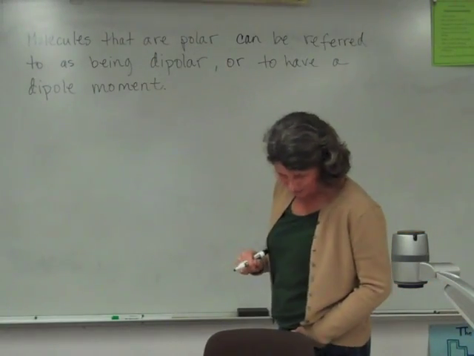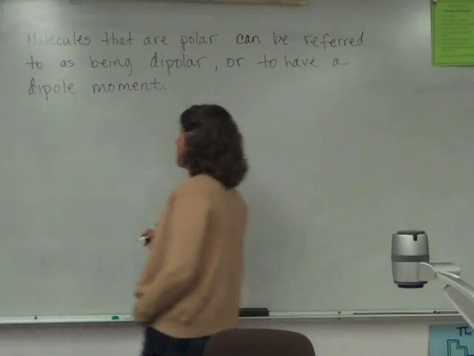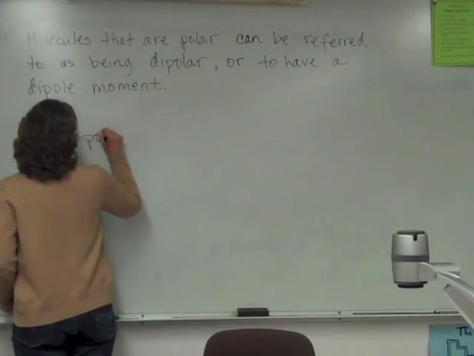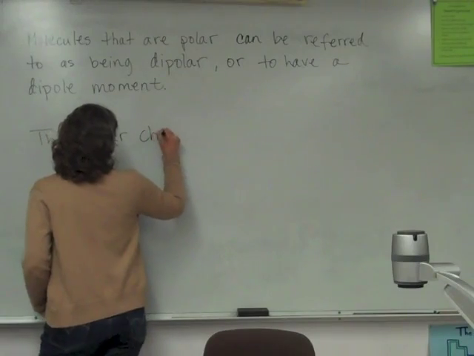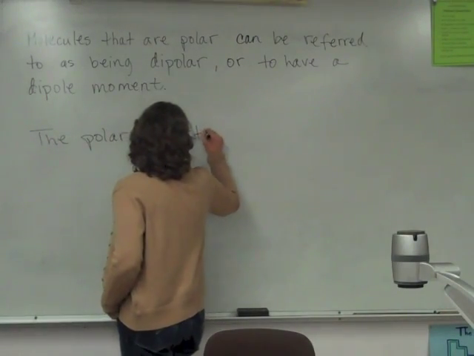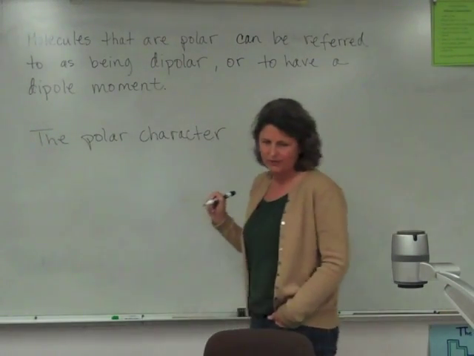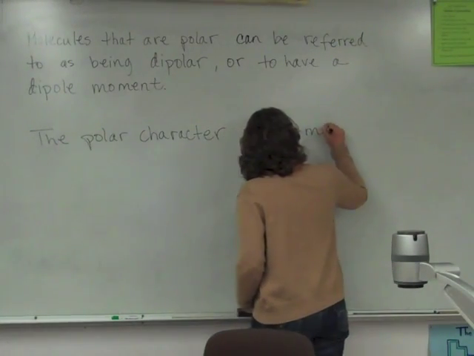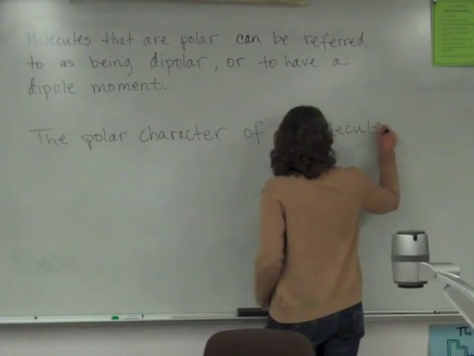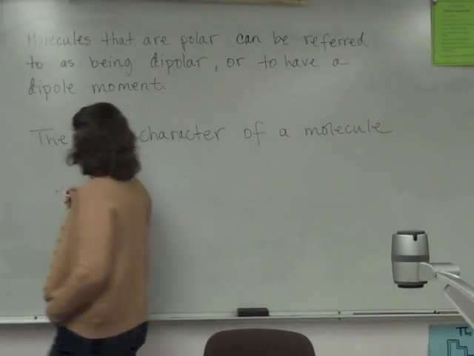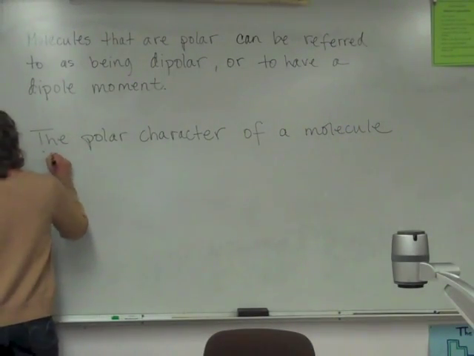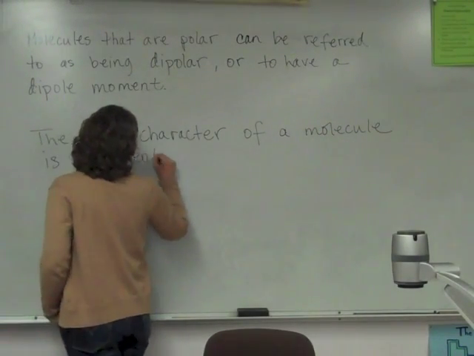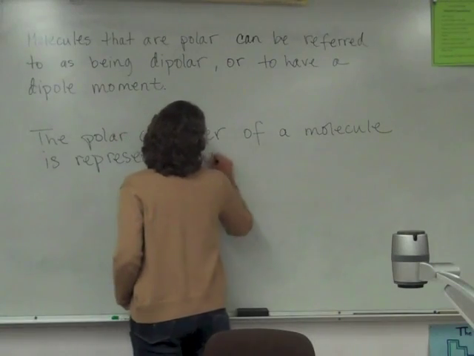Okay, let's see, what else? The dipolar character, or I'm just going to say the polar character of a molecule is represented by an arrow.